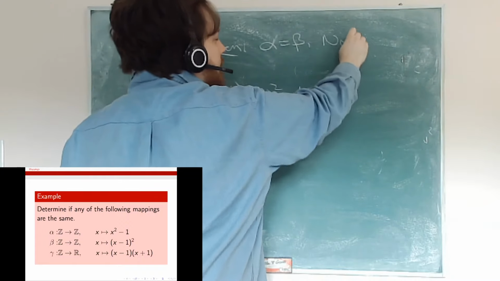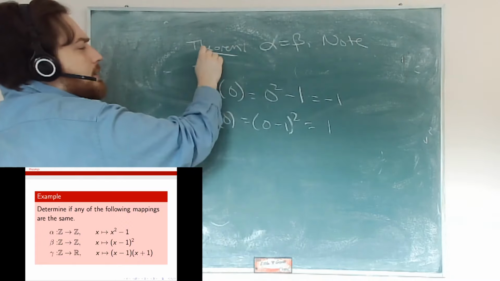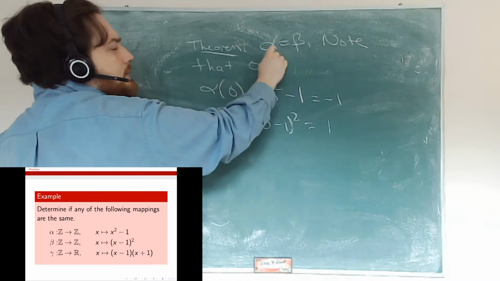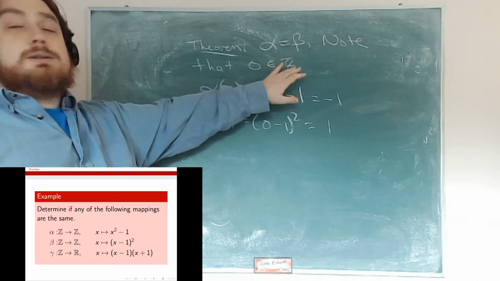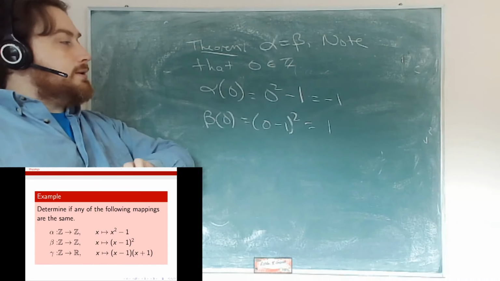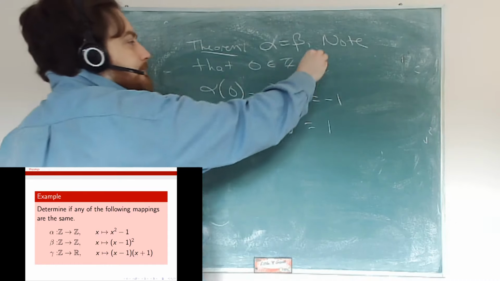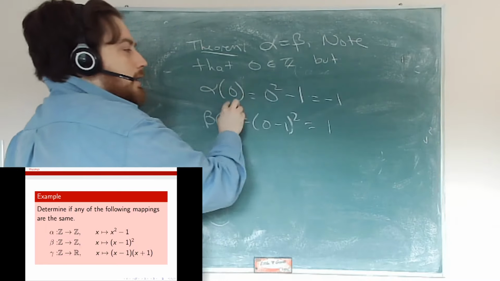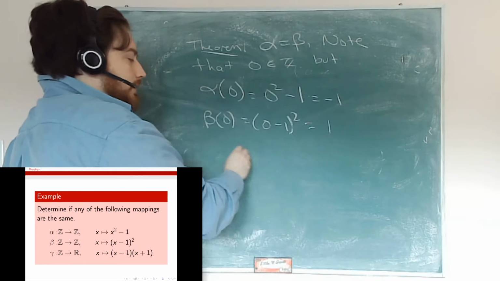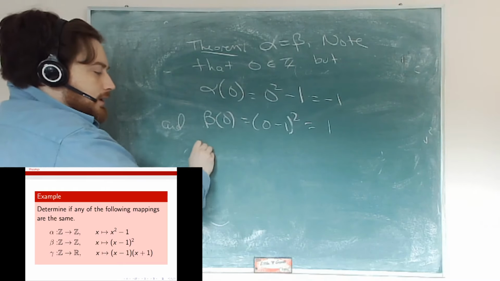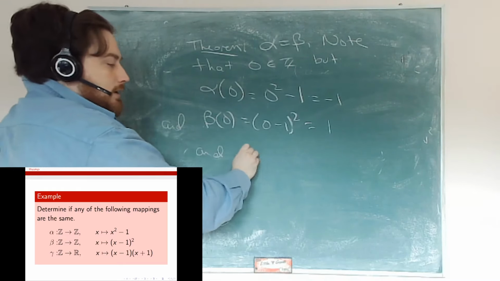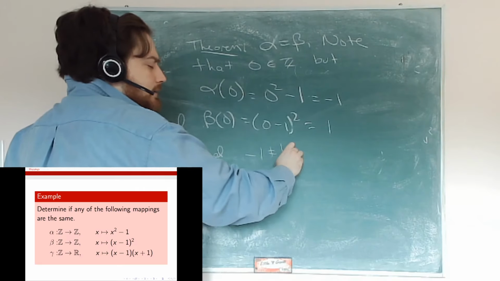Note that 0 is in the shared domain, so I do have to make sure that 0 is in my shared domain, which is the set of integers, but alpha of 0 is equal to negative 1, and beta of 0 is equal to 1, and negative 1 is not equal to 1.